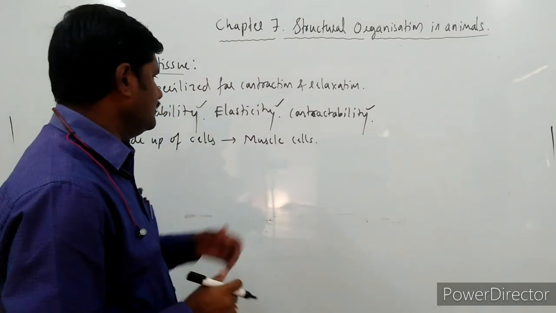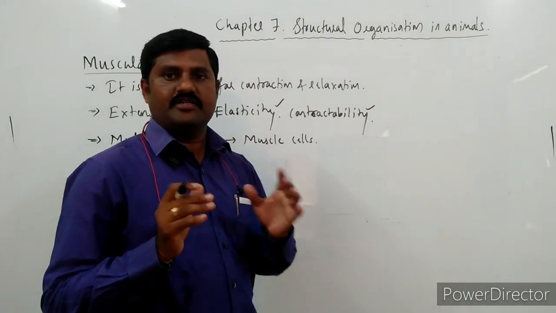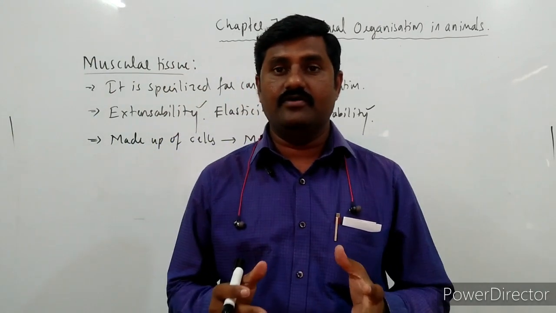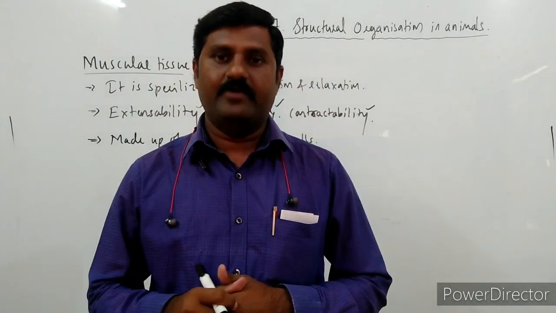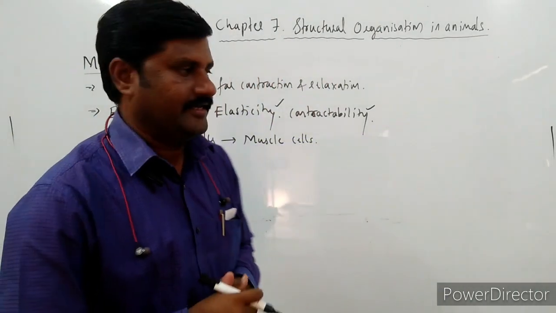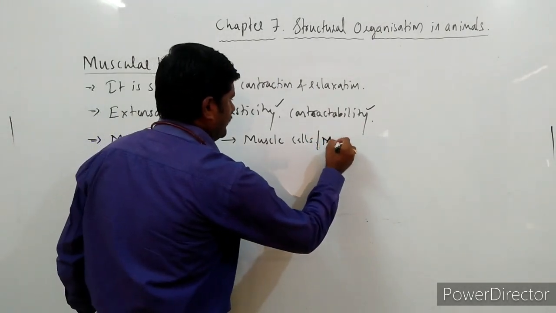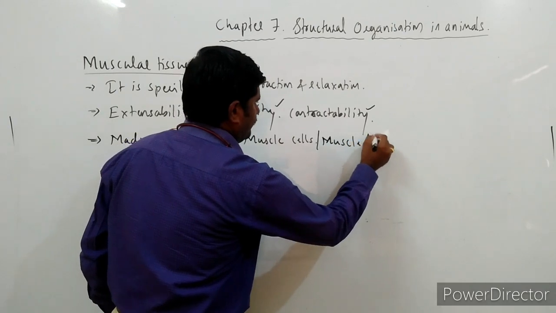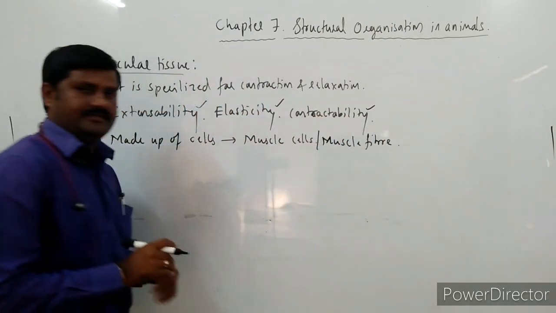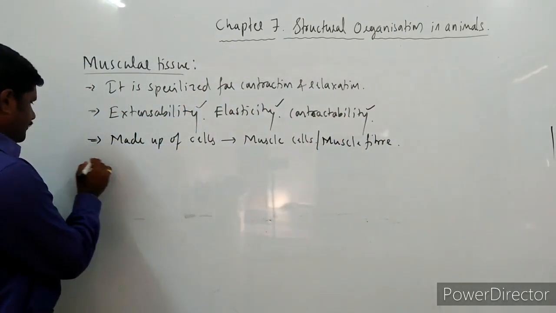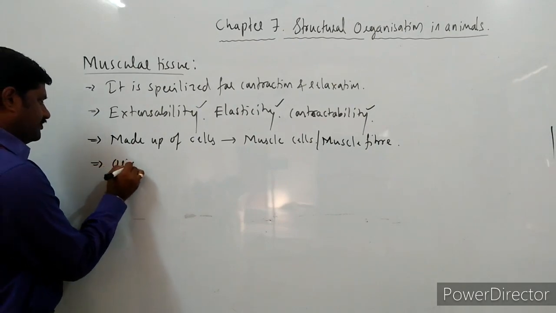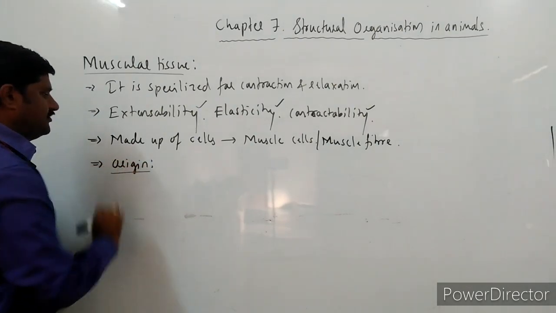So muscle cells are the special type of cells which have contractibility. It is also called muscle fiber. And this kind of tissue, especially we must know the origin of this tissue.